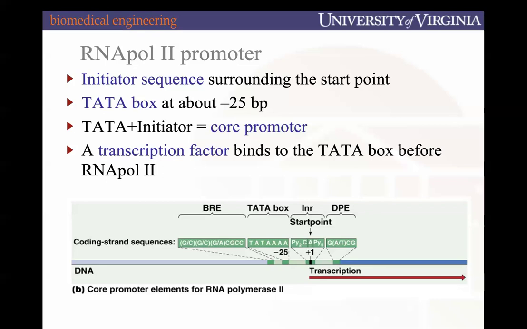There are different components depicted here. We have the BRE, the B recognition elements, and the DPE, the downstream promoter elements, and those have a little more flexibility across different species. But the core promoter, the TATA box and initiator sequence, are well defined, conserved, and serve as a consensus sequence that is important for the promoter in transcription.